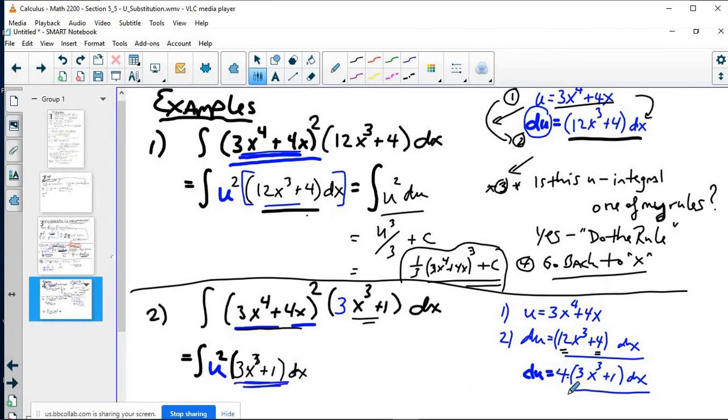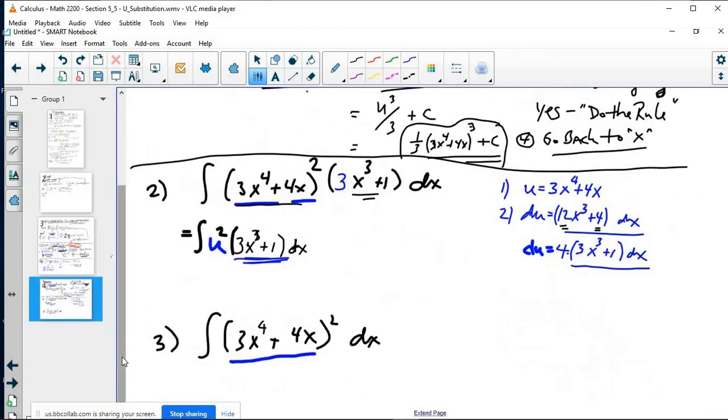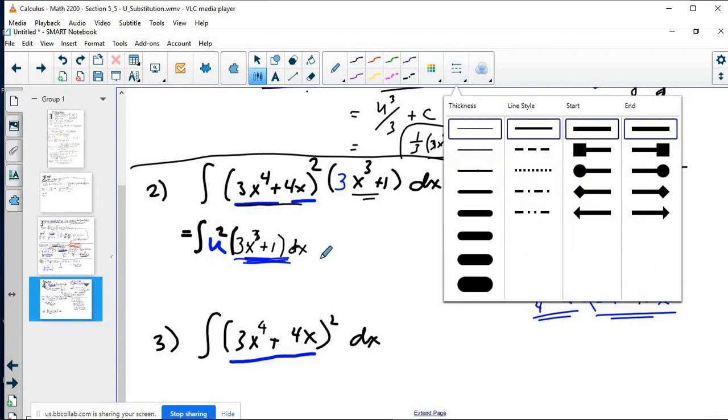Well, that could be a problem, but it's really not, because if I divide both sides by 4, then I end up with 1/4 du equals 3x cubed plus 1 dx. And since this is over here, I can substitute in this. I can't substitute in du, but I can substitute 1/4 du. We'll see if that works or not, but I might as well try it.